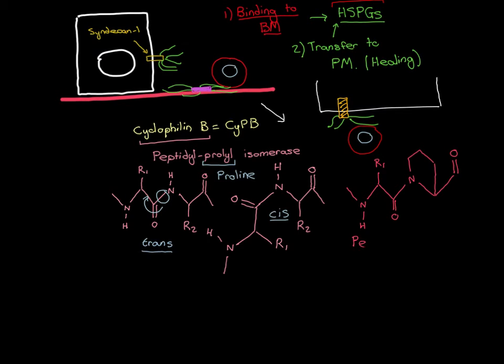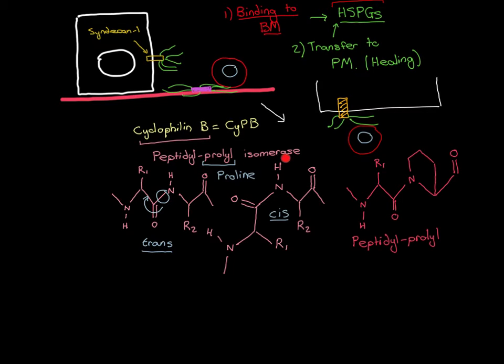So we have a peptidyl prolyl bond here. It can actually exist in the 2 conformations, and it can exist stably in the cis conformation, whereas other peptide bonds, they cannot exist stably in this form, and they just instantly turn back to this form, whereas peptidyl prolyl links can actually stay in the cis conformation.